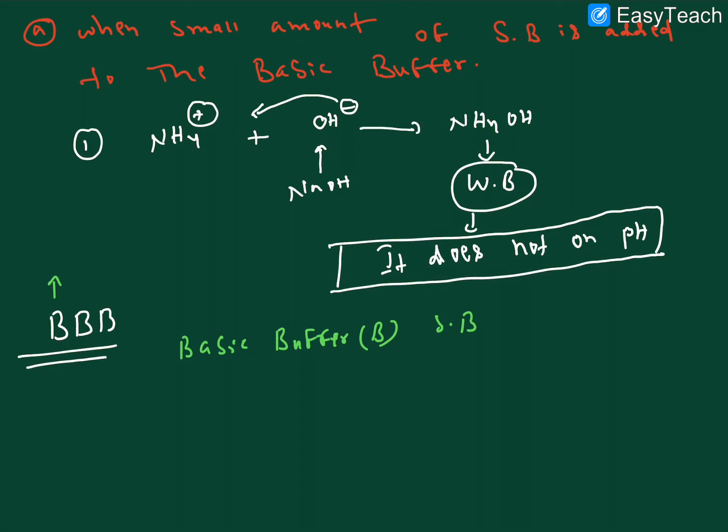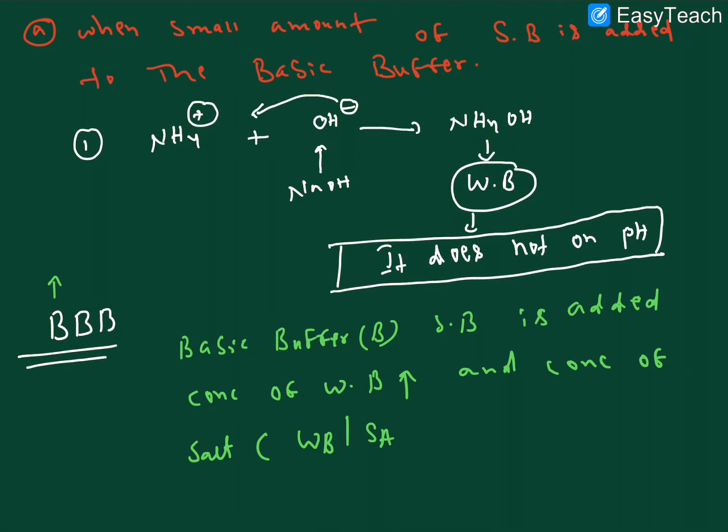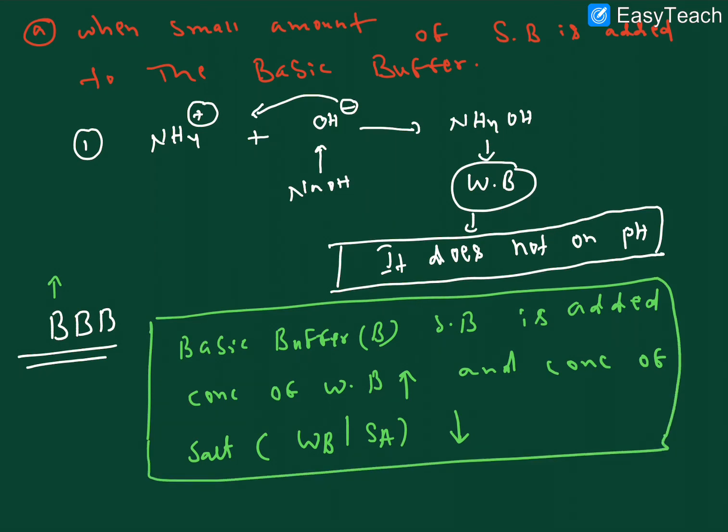Whenever you add the strong base, that is another B, and it is added, and the concentration of weak base increases, right? And the concentration of the salt of weak base and strong acid decreases. It's very clear, this point.